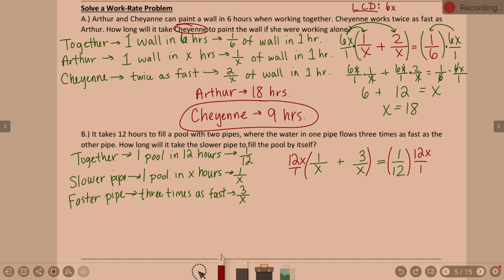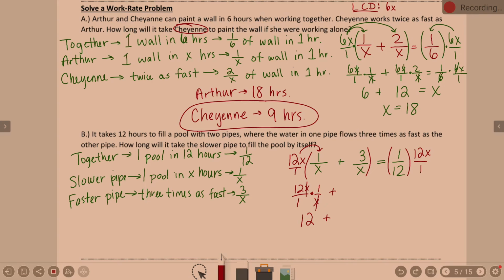Okay, you got it? It's 12x over 1 times 1 over x for my first distributive. What cancels? X, and we're left with 12.